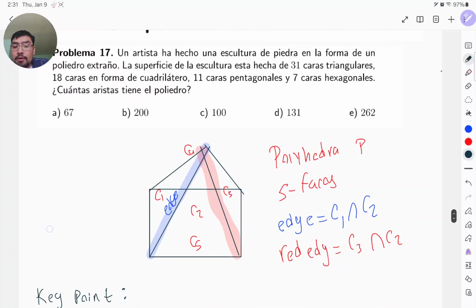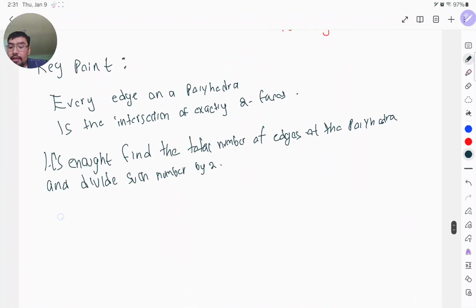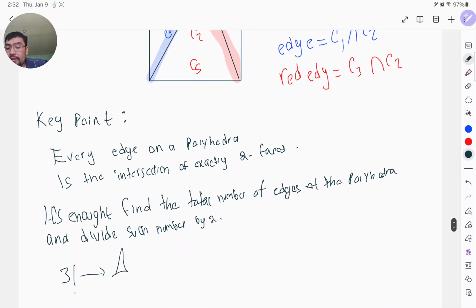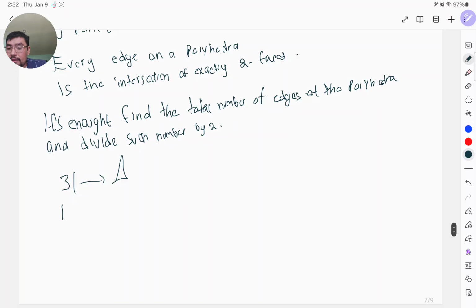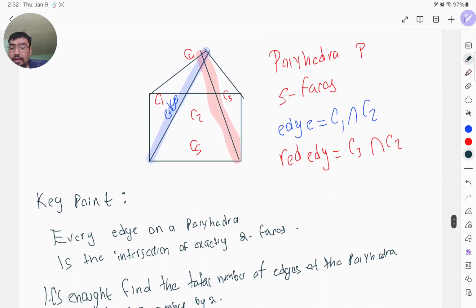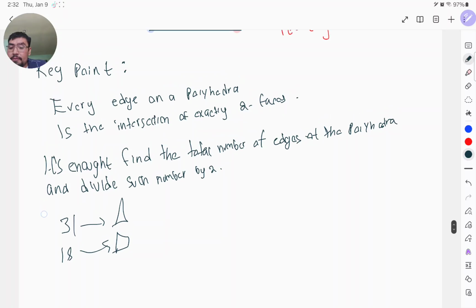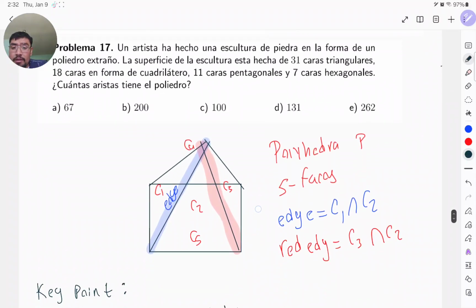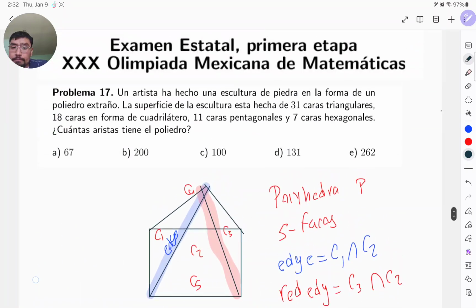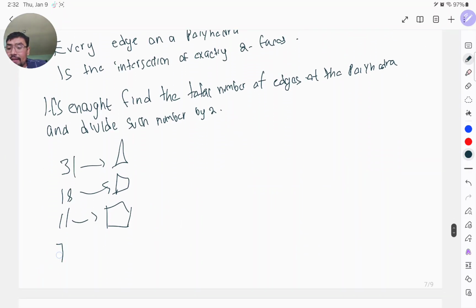and let's write down that number. 31 triangular faces, 18 quadrilateral faces, 11 pentagonal faces, and 7 hexagonal faces.